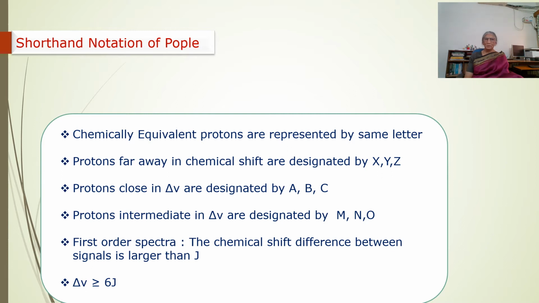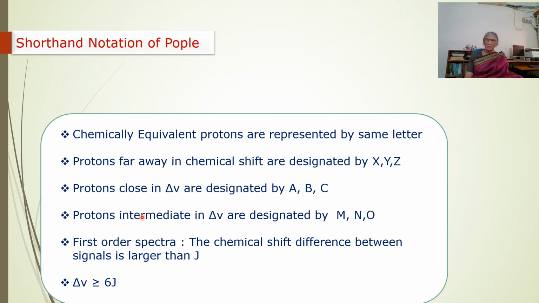Protons for which the chemical shift is quite different are designated by X, Y, and Z. Protons for which the chemical shift is very close are represented by A, B, C. Protons that have intermediate chemical shift are designated by M and O.